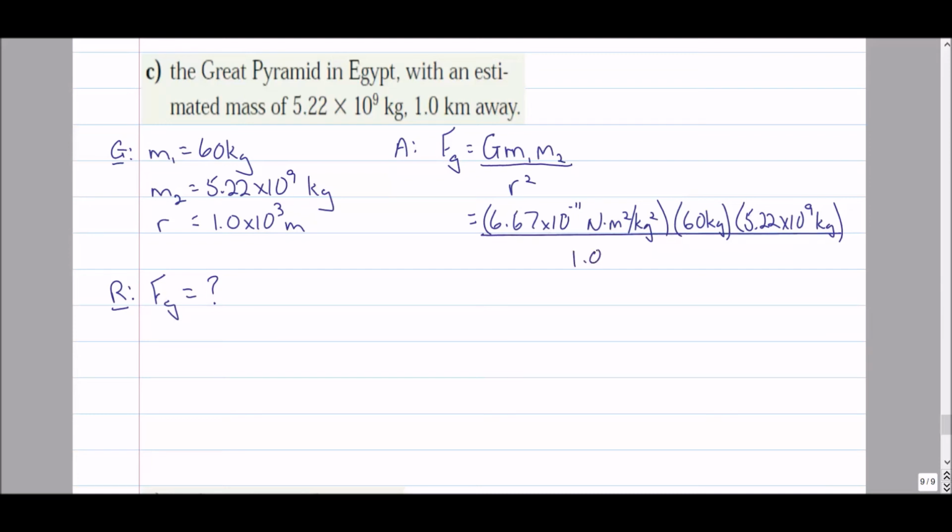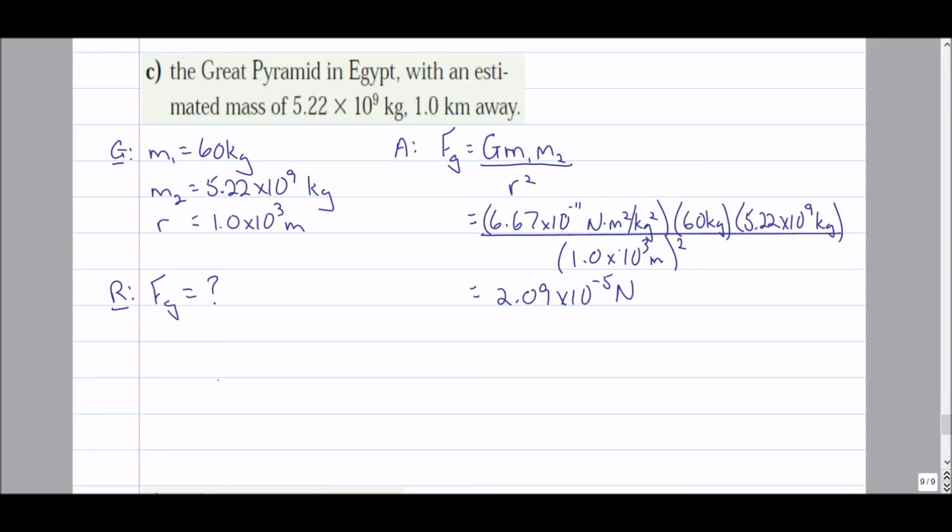So this will be 1.0 times 10 to the power of 3 meters. I'll square all of that, and I get 2.09 times 10 to the power of minus 5 newtons. So again, about 10 times stronger than the last one, but still it's ridiculously small.